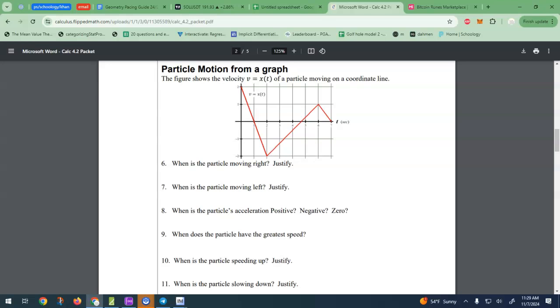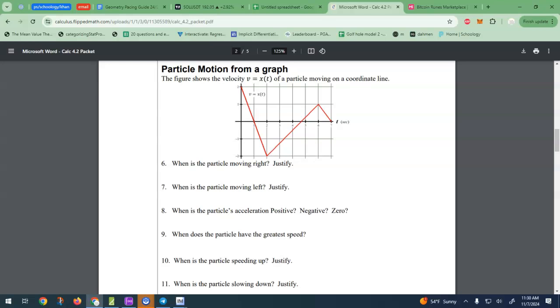So now I want to think about acceleration, which is still the derivative of that, which is still the slope of that. So where is the slope of that? Positive between 2 and 6. And then where is the acceleration 0? That's saying where is the slope of that graph 0. It's not at 1.